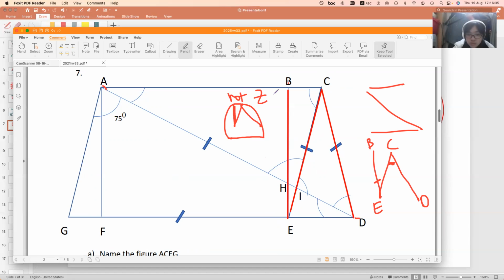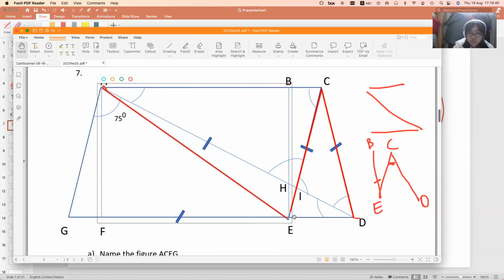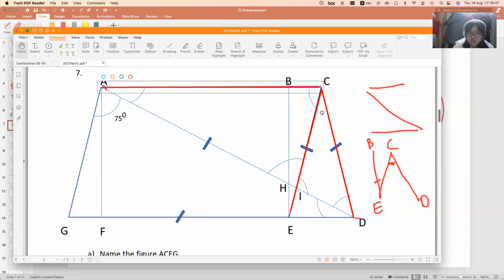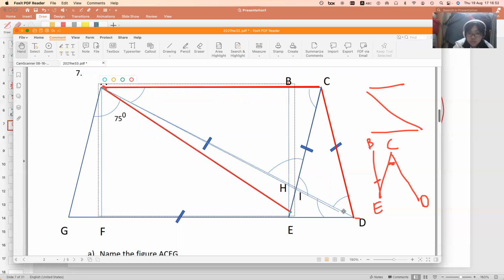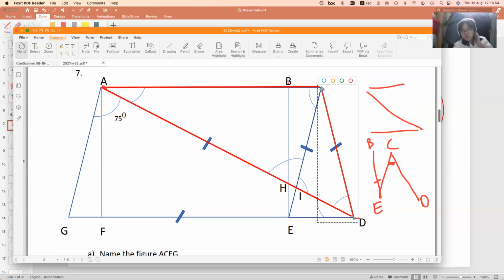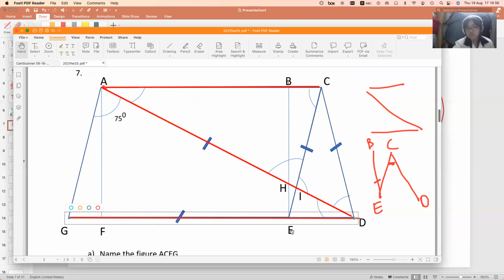Okay. Why just now your one is the Z? Just now, let me clear this first. Just now this one is a Z because this one is straight, and after that you choose this part, right? And then this part is also straight. Can you see? This one and this one, they are both straight.